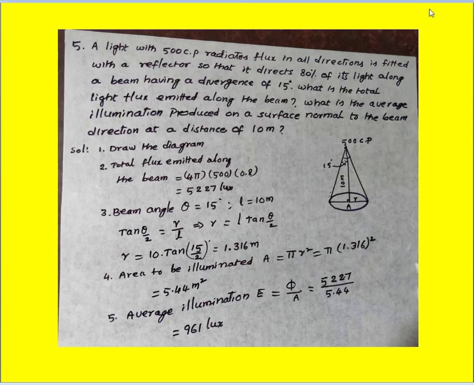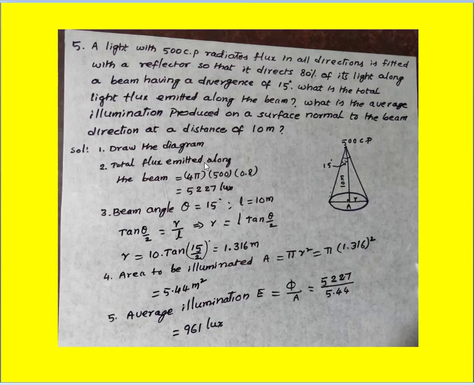To get the total flux emitted by the lamp, we should know the relation between the luminous intensity and the solid angle. Then we get the flux, that is, flux is given by luminous intensity into solid angle into reflection factor, because reflection factor is given, so we have to take that also into account.